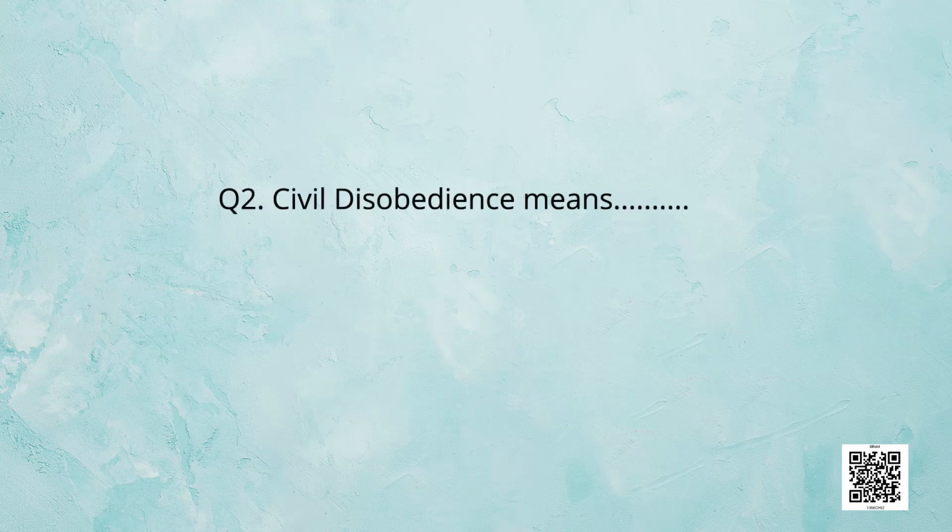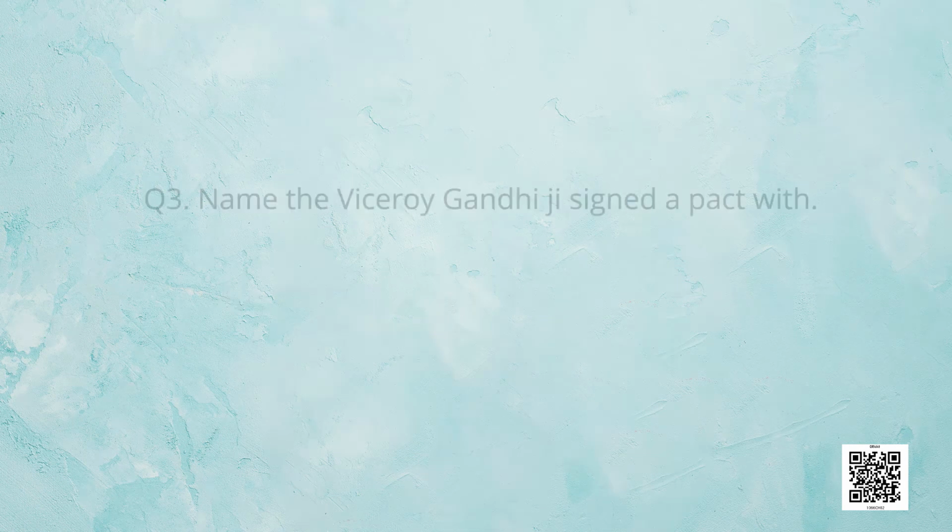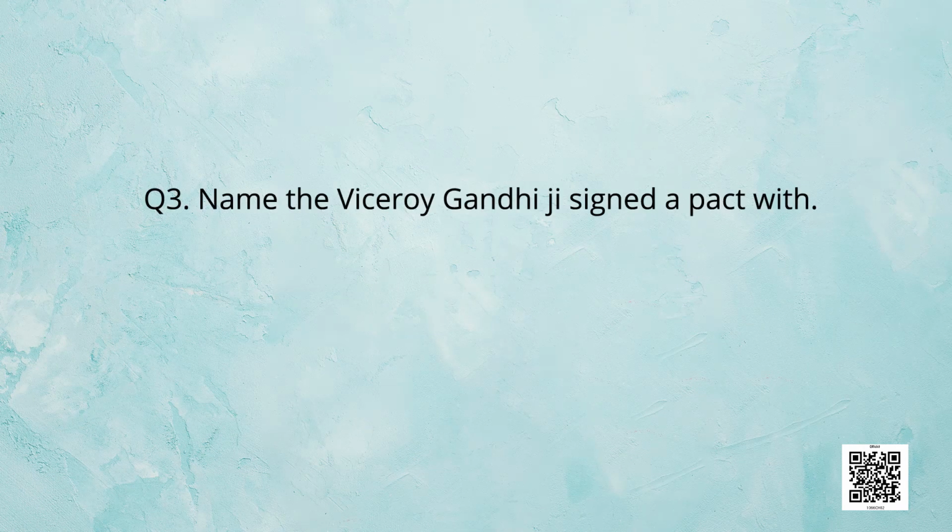The next question is, civil disobedience means? The answer is disobeying the civil laws. Now let's take a look at the next question. Name the viceroy Gandhiji signed a pact with. And the answer is Lord Irwin.